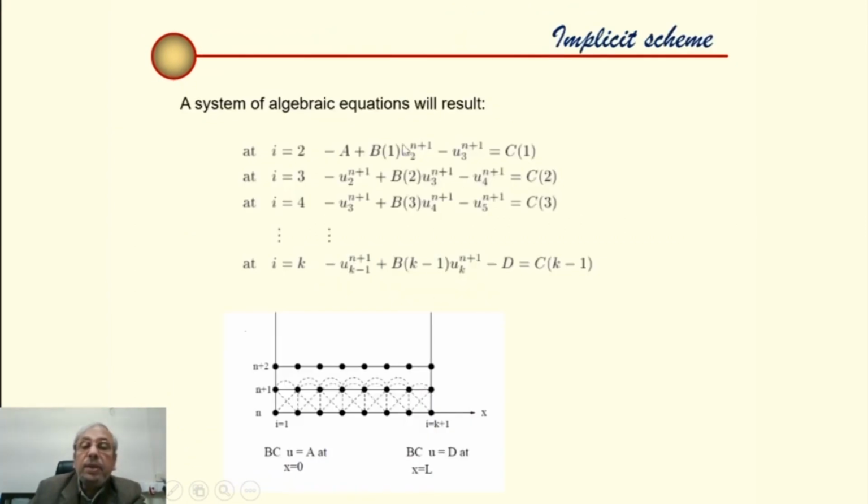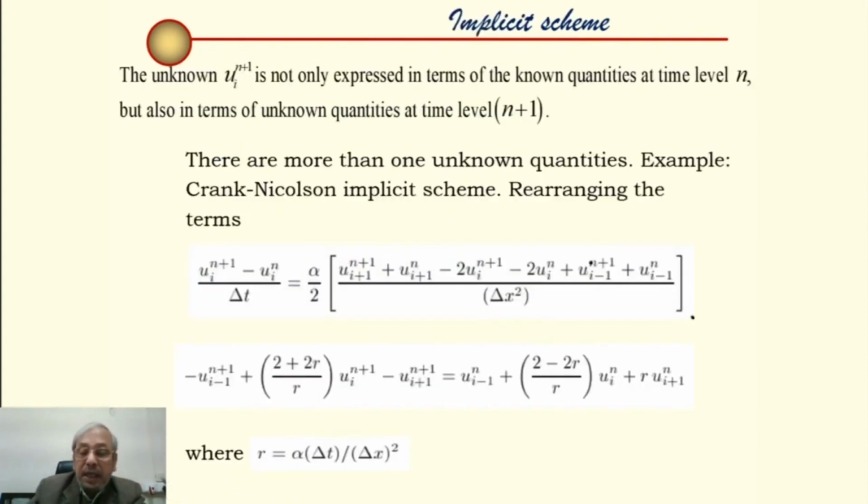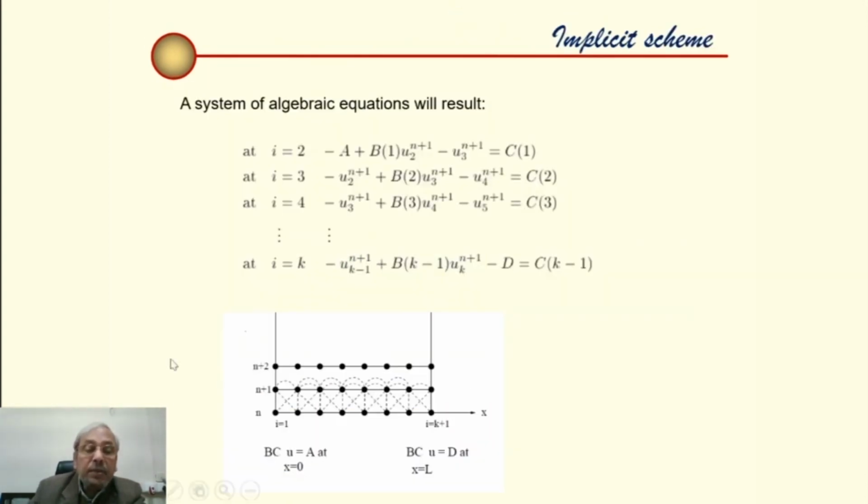Here we have written u3 and u2 and u3, but u1 is basically the boundary condition. It is falling at the left extreme boundary, so we have written minus a.